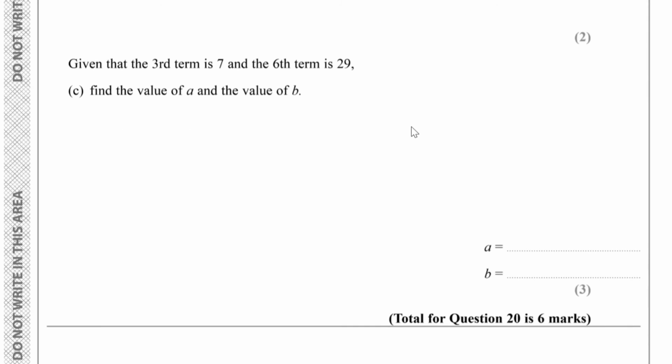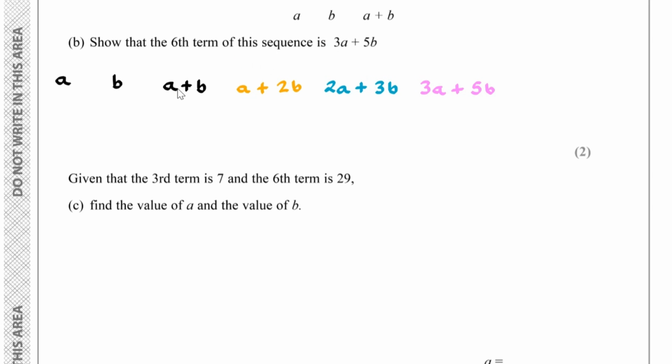And then for the next part, given that the 3rd term is 7 and the 6th term is 29, we have to find the value of A and find the value of B. So we know that the 3rd term, which is A plus B, is equal to 7, and we also know that the 6th term, which we were told is 3A plus 5B, is equal to 29.